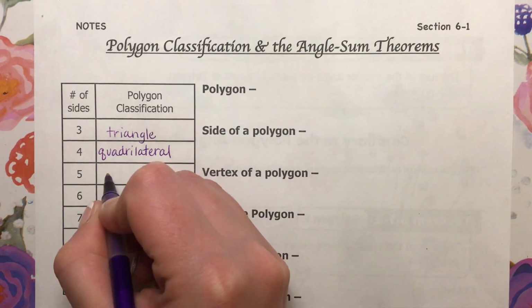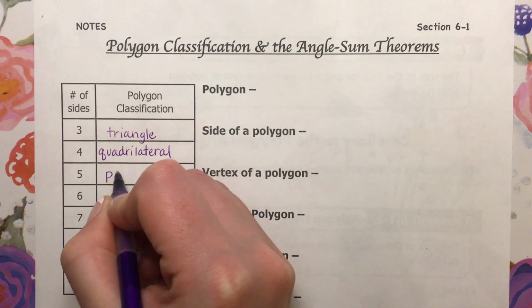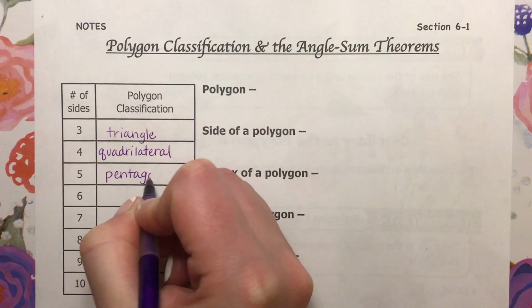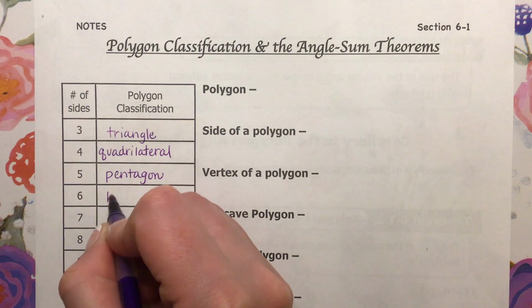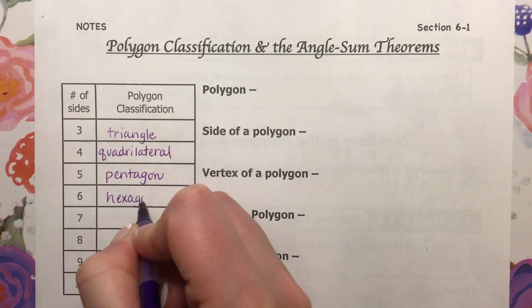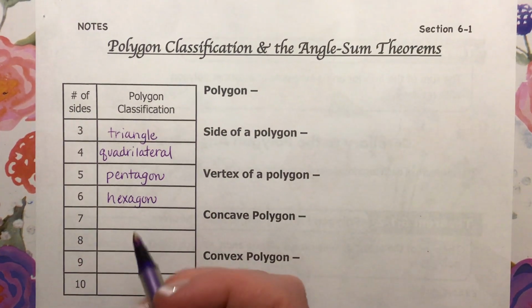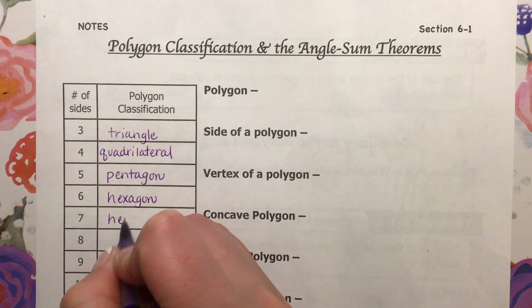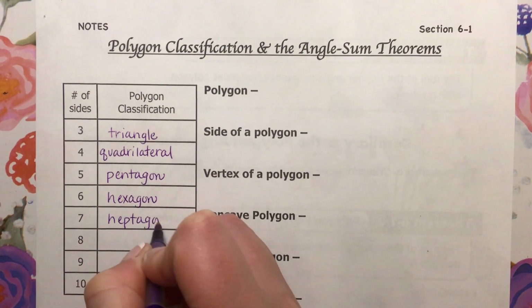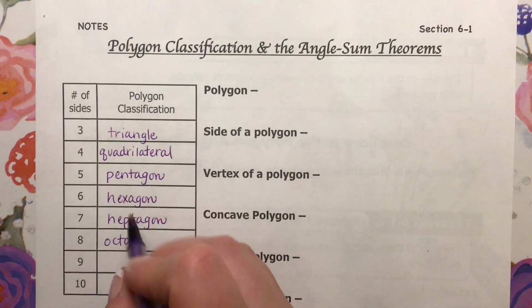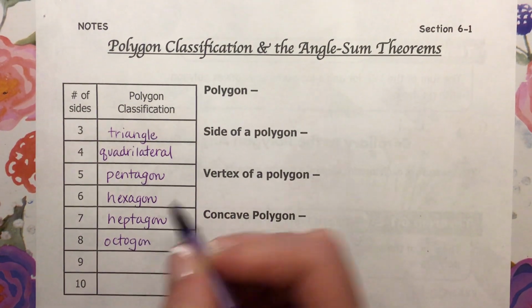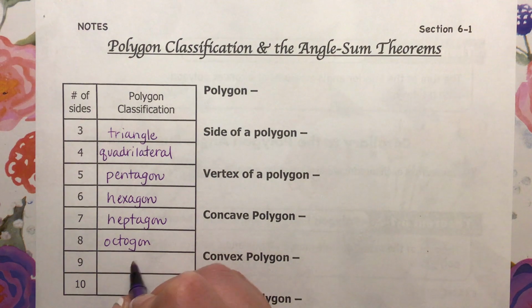A five-sided polygon is going to be a pentagon. A six-sided shape is going to be a hexagon. A seven-sided shape is a heptagon. An eight-sided shape, octagon. A nine-sided shape is a nonagon.